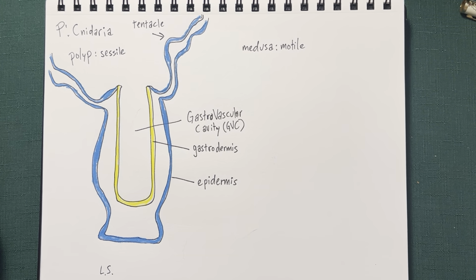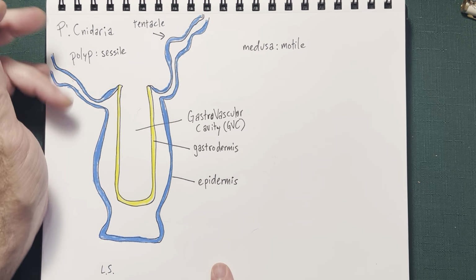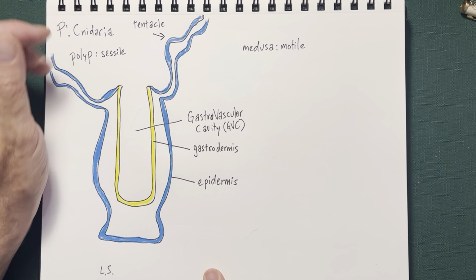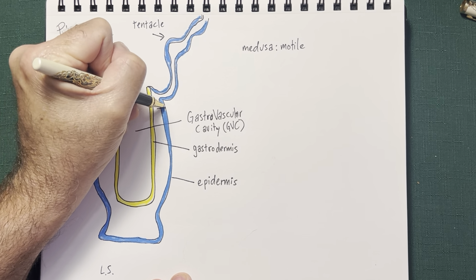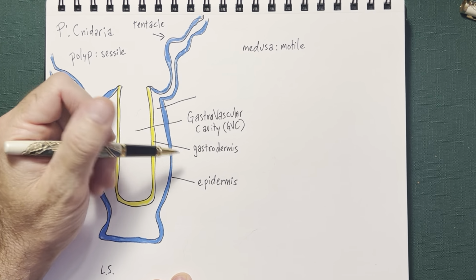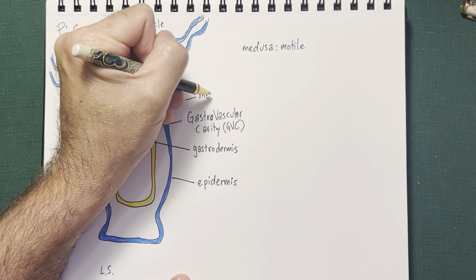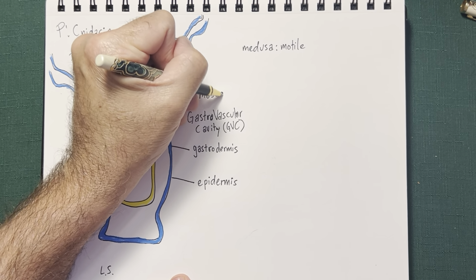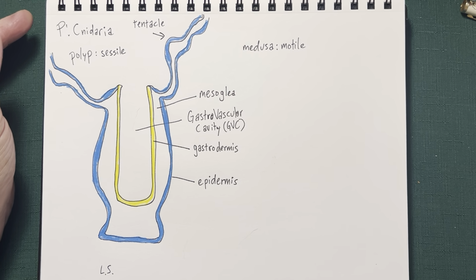Okay, so now we've got the epidermis and we've got the gastrodermis. What is all this stuff that is in between the epidermis and the gastrodermis? That is a layer of a jelly-like substance called mesoglea.